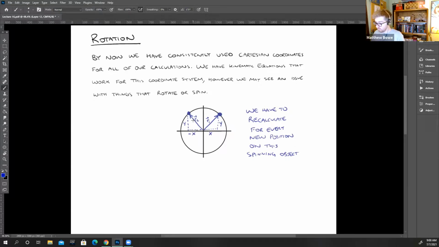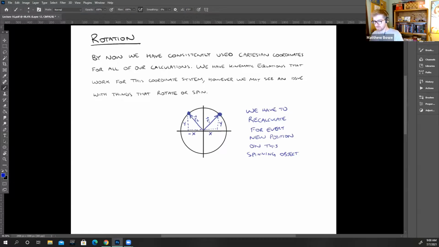Let's go into how we can make this easier. We need to define a system that spins. So we are already sort of in the mindset of this thing is spinning. I don't want to have to worry about X and Y. I just want to know, how is this thing spinning?